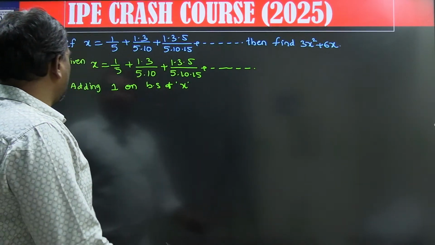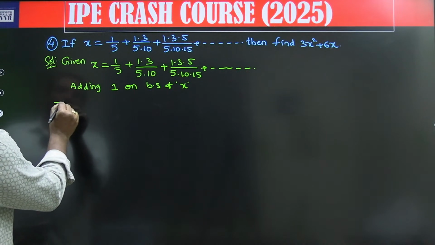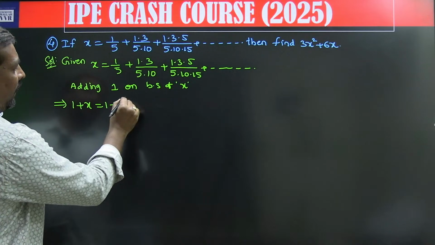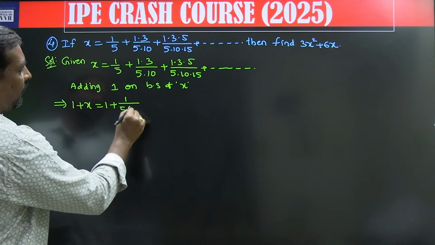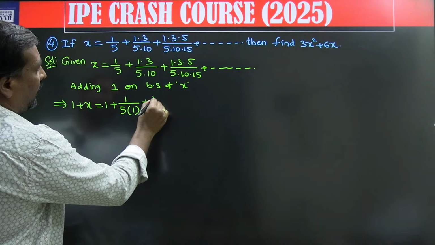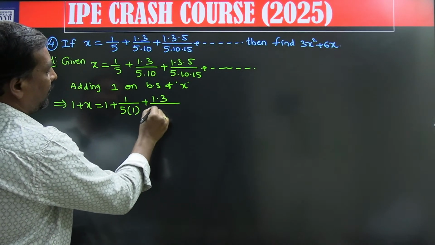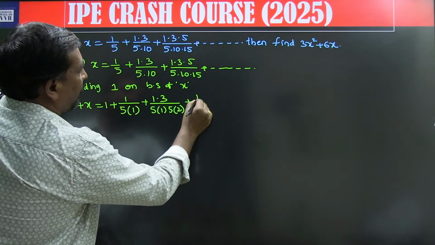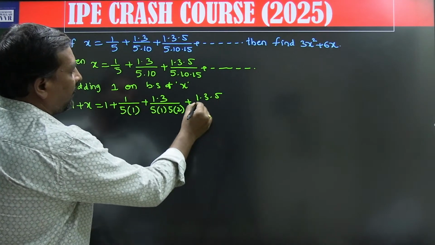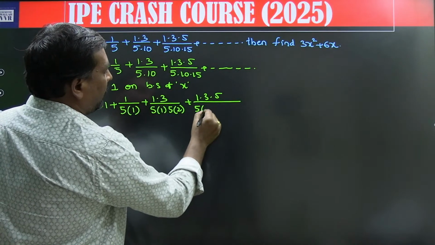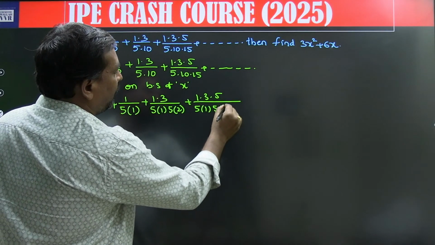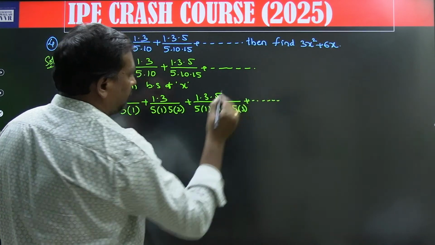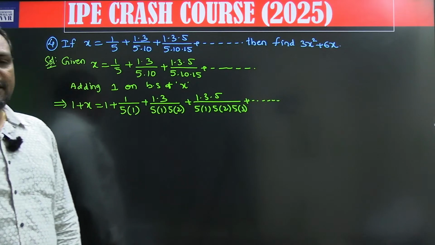So here it is 1 plus x is equal to 1 plus, directly I am writing, 1/5 into 1, 1·3/(5·1·5·2) plus 1·3·5/(5·1·5·2·5·3) plus and so on.